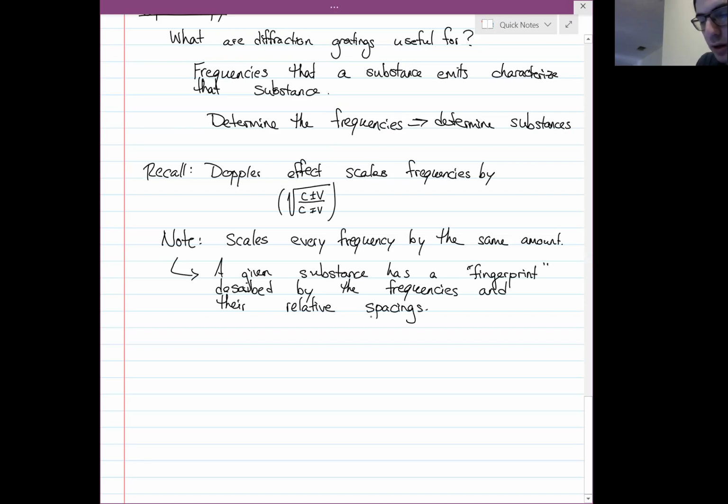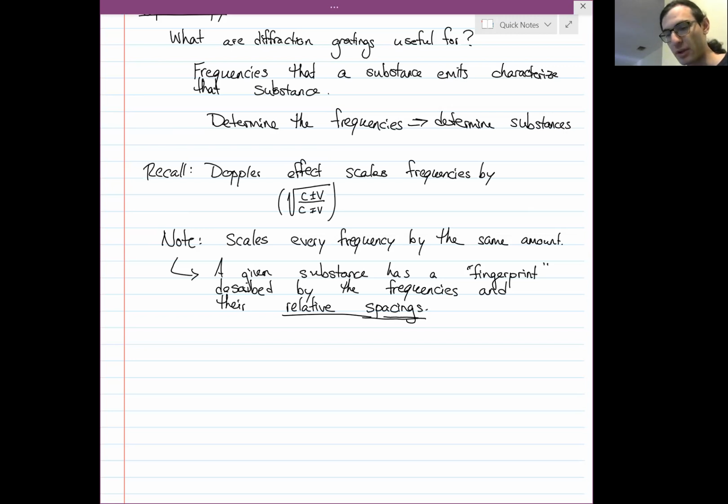And that's the important part, because the Doppler effect scales each frequency equally. What we can do is determine the ratio between emission lines, as they're called. The frequency gap between emission lines will always stay the same. So, let me show you an example.